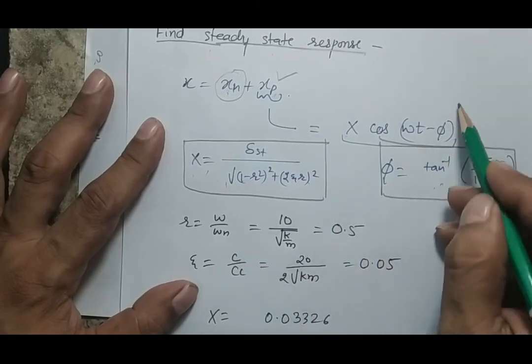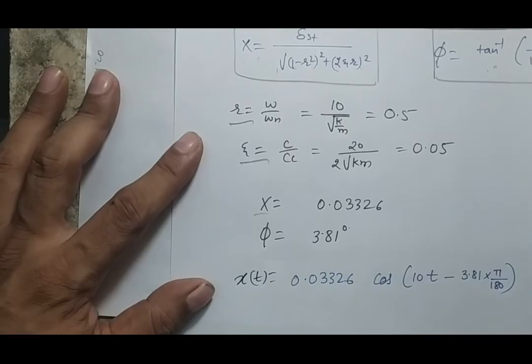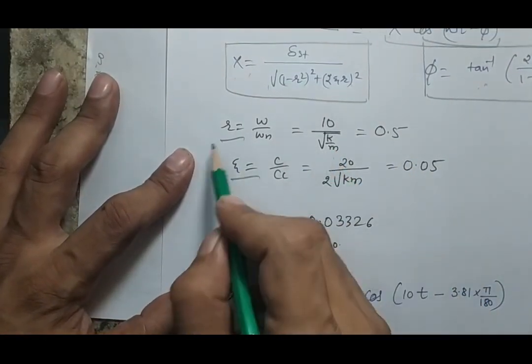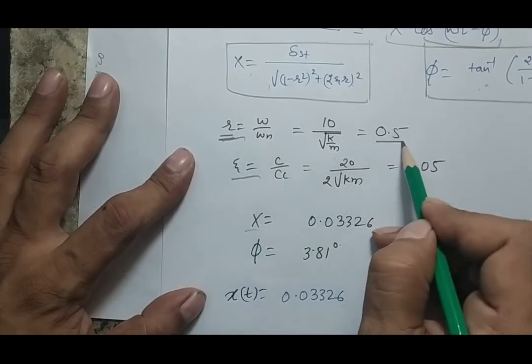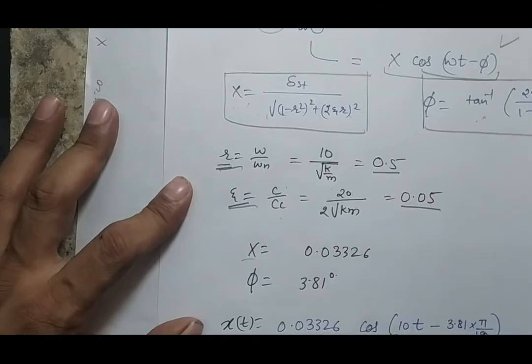These two terms will come into your response, and finally I will get all the values by putting in all the inputs. My natural frequency will be under root k by m, so I will get my r as 0.5, as well as zeta, which is c by cc, and that also comes out as 0.05.